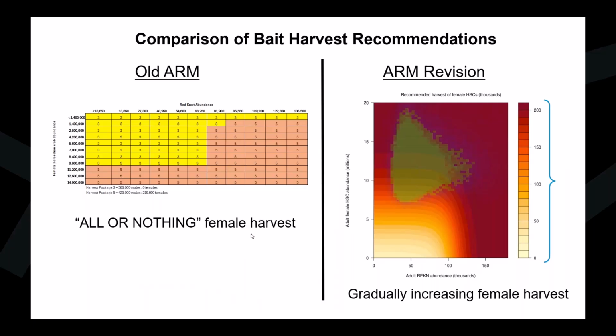In the revised ARM, we have a smooth function, and so our recommendations range more smoothly from low to high. This is showing females, but that's also the case for males. Also, males and females are not linked by those packages in the same way. They're freer to give independent recommendations.